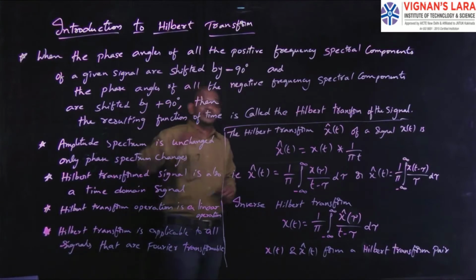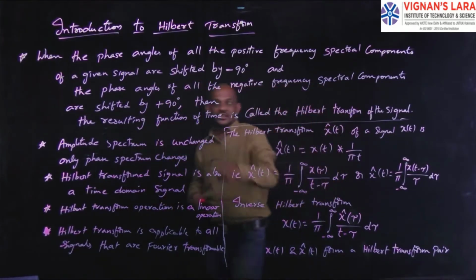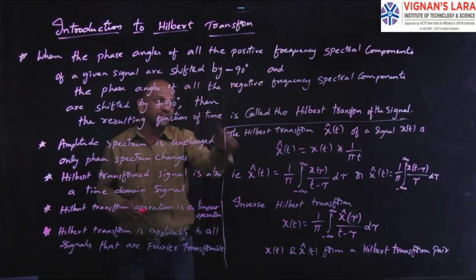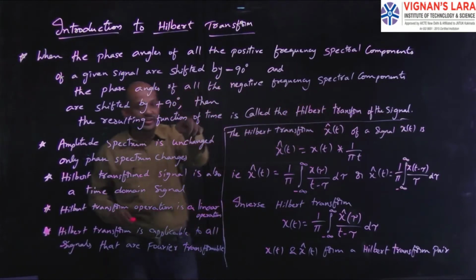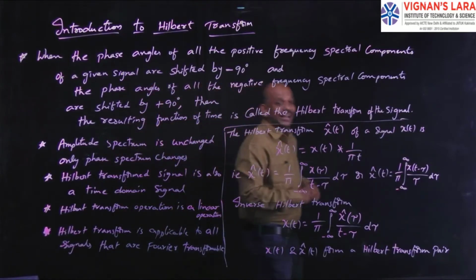Then the resulting function in time is called the Hilbert transform of the signal. See here, the resulting function in time, that is the Hilbert transformed signal, is also in time domain. Hence they mention the resulting function in time is called the Hilbert transform of the signal.